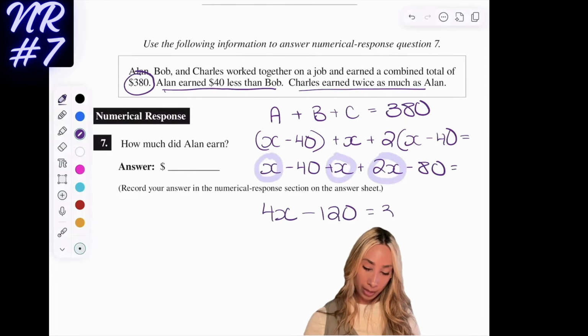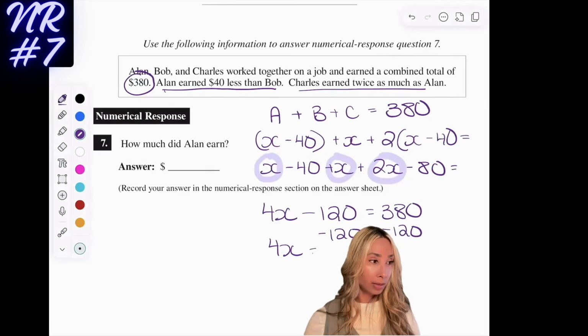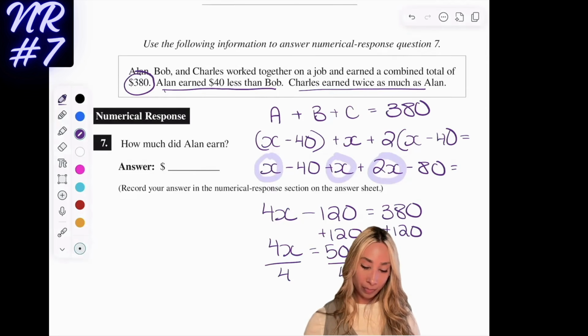Is equal to 380. I can get 4X alone by adding 120 on both sides, so 4X is equal to 500. Divide both sides by 4. So X is equal to 125.